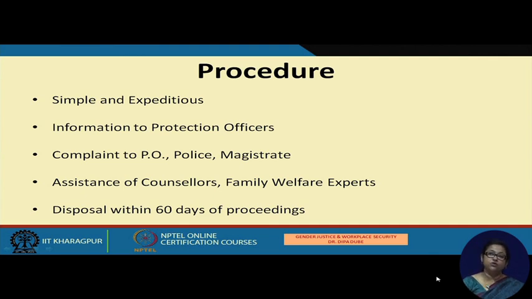There are also service providers in the form of shelter homes, which are to be notified for the purpose. Women who find it difficult to return to the family, or feel that there are threats or violence, or who have been thrown out and are homeless, can be put up in the shelter homes created for the purpose.